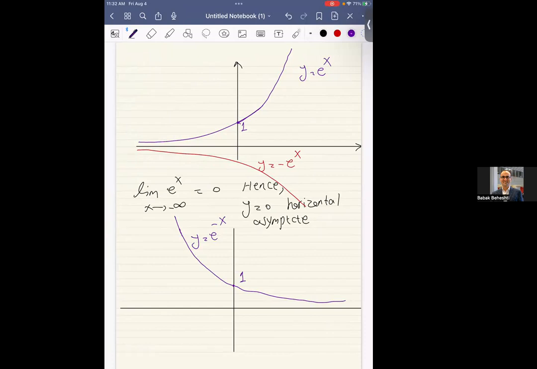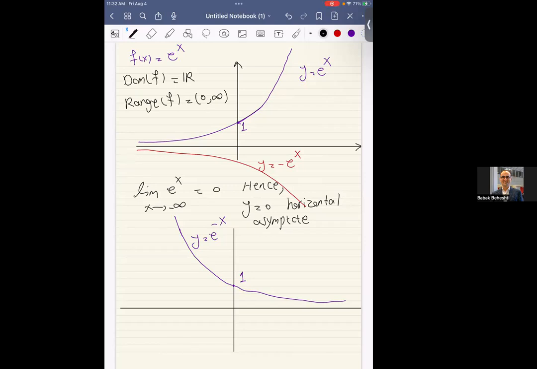So if you have f of x equal to e to the power x, the domain of f consists of all real numbers, and the range is positive numbers.